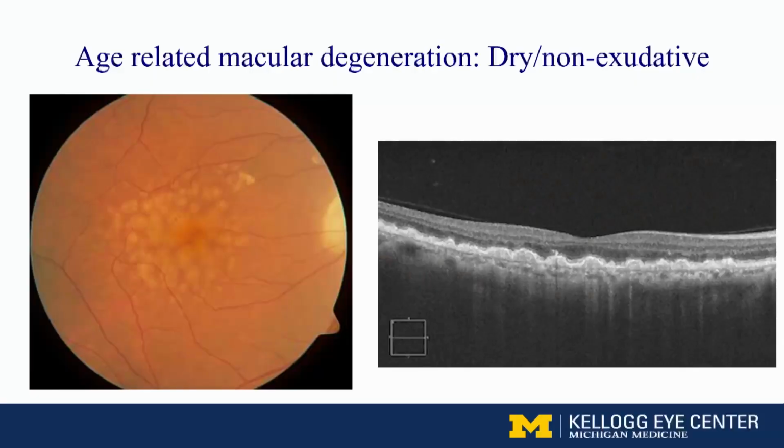Healthy retina right here. This is what age-related macular degeneration, the dry form, might look like, okay? And what you may notice up here are these soft, squishy, yellow things. We call these drusen. This is a sign of macular degeneration. And then if we were to look at that slice, you can see these lumpy bumpies right here.